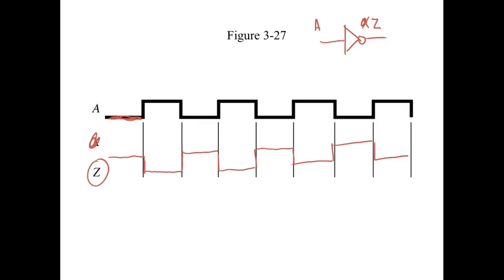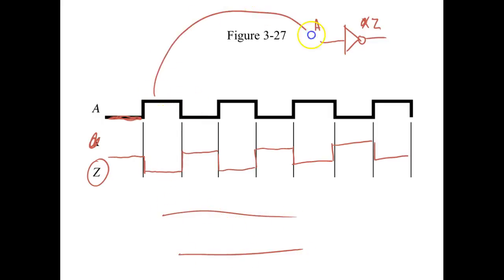This is what a differential signal would look like, but a differential signal, you've got two lines. This is coming in on the input, and this is coming in on the output. So on a differential amplifier, one of them we call plus, one of them we call minus.